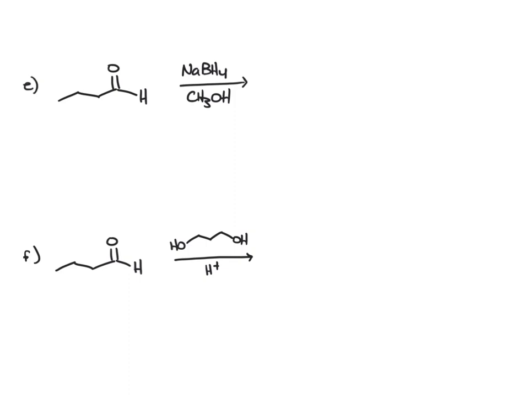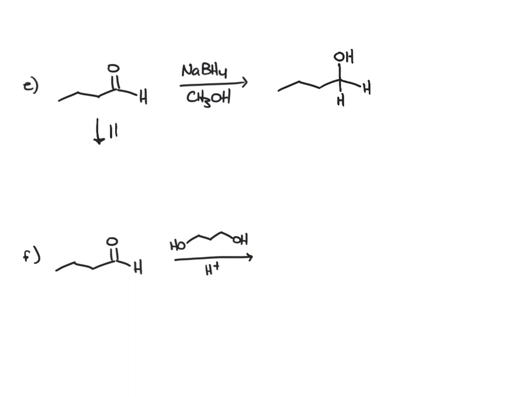Right, in E, we're doing a reduction with sodium borohydride. So when you reduce an aldehyde or ketone, you end up with the alcohol. So that becomes an OH, and we add a hydrogen to the carbon.